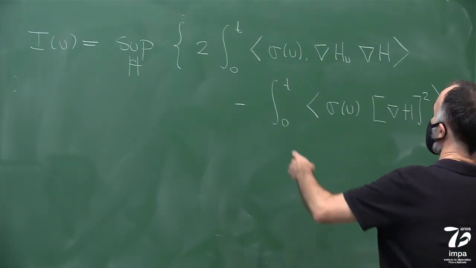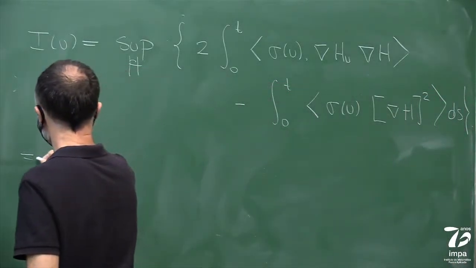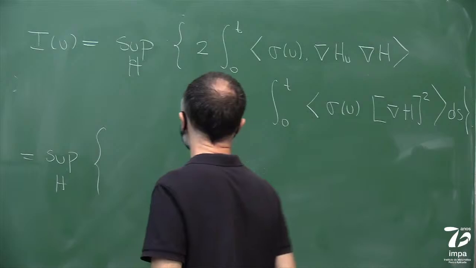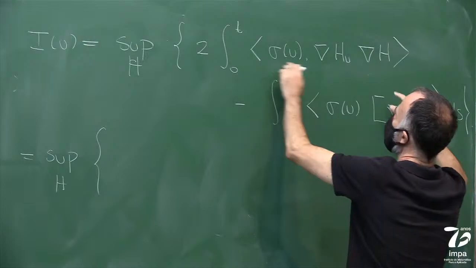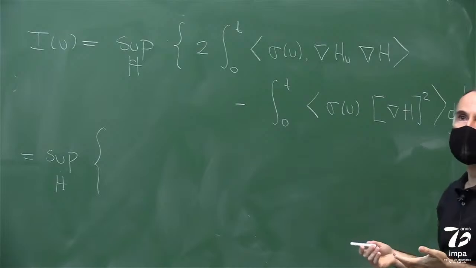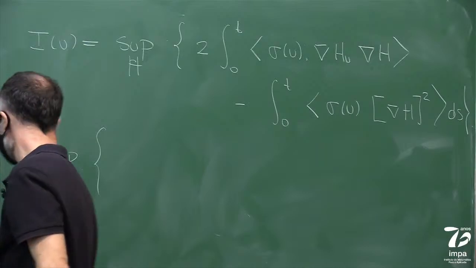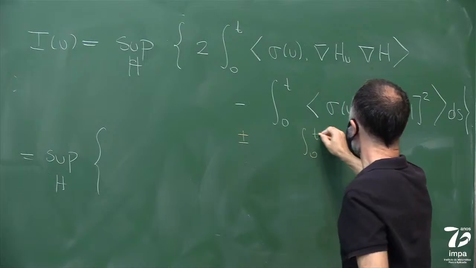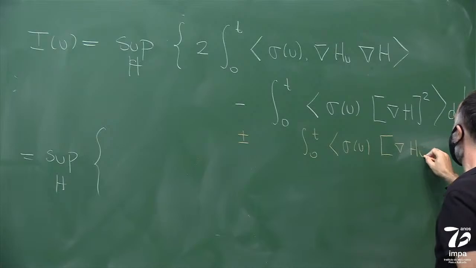And, well, okay. So what I get from this is that this supremum is also equal to something else. I want here to complete the square, because I have gradient h squared and 2 times gradient of hu gradient h. So I'll just complete the square. I will add and subtract sigma of u, dhu squared.